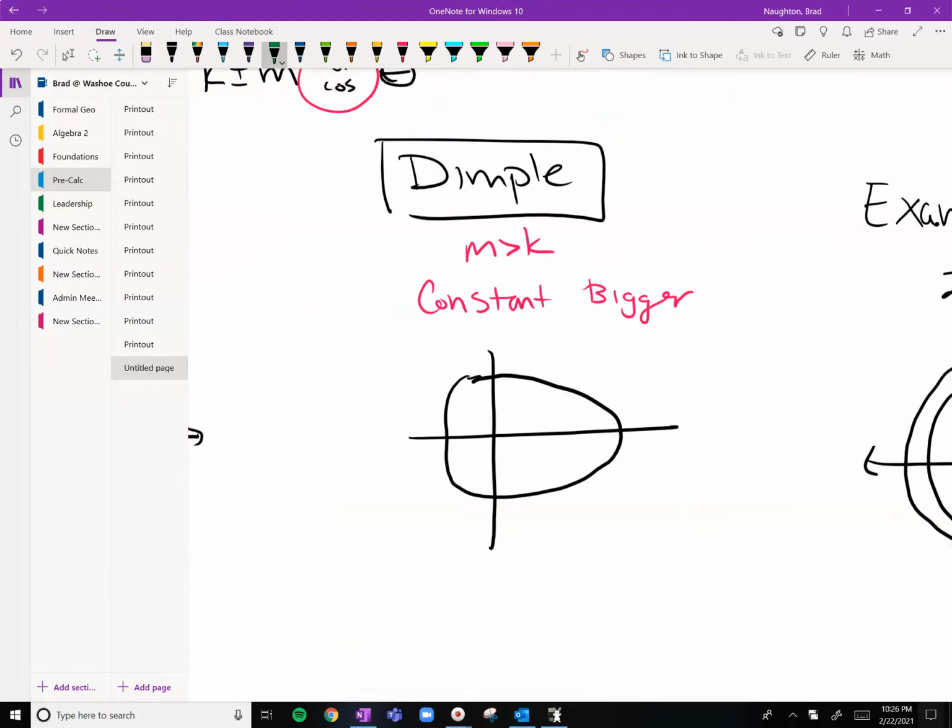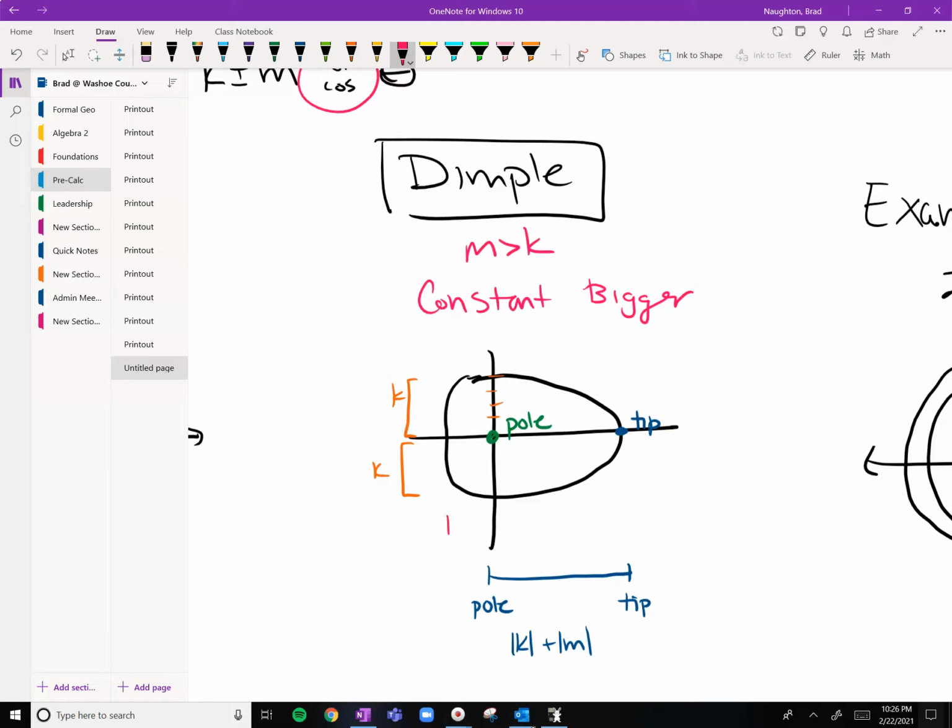Alrighty, so for our dimple, that means our constant is bigger. Remember that this is our pole. It's still sort of like a cardioid in the fact that if I go up, this is still my k value, and this is still my k value. And just like we did with a cardioid, from the pole all the way over here to the tip of our Limacon, it's k plus m. You add them together.